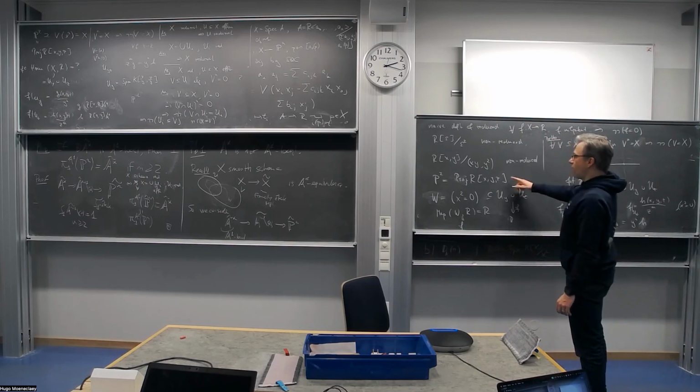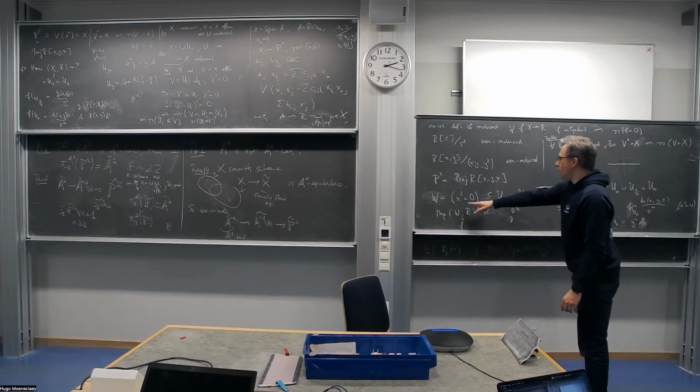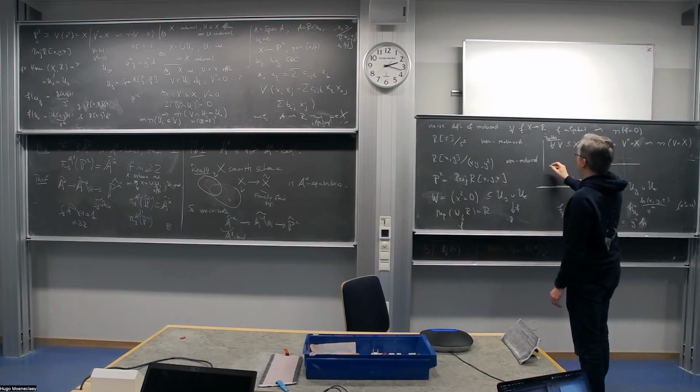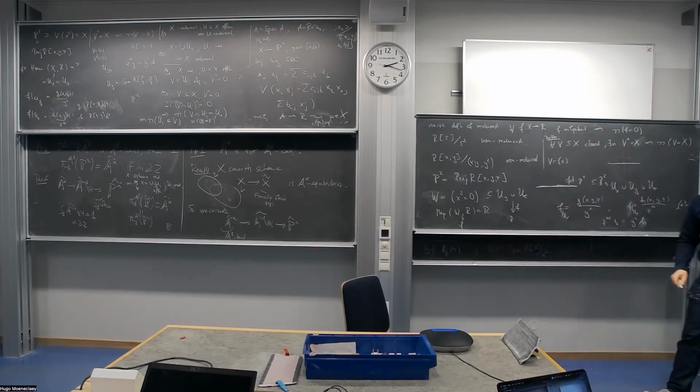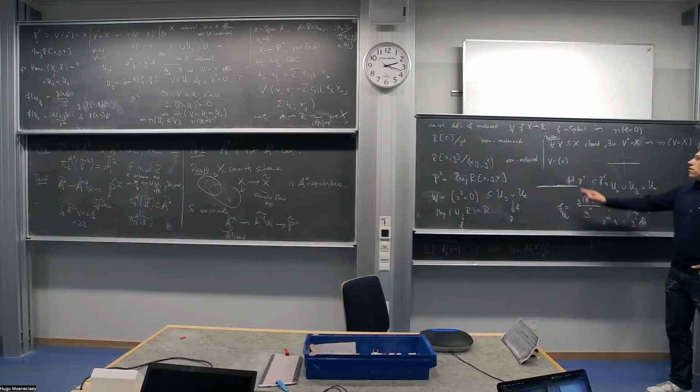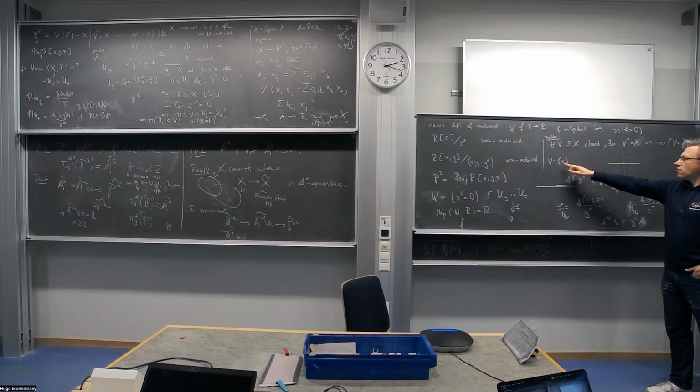And for this example, for this P2, or this W here, we can now use closed subsets. We just take the one spanned by x, because now the square is clearly 0.